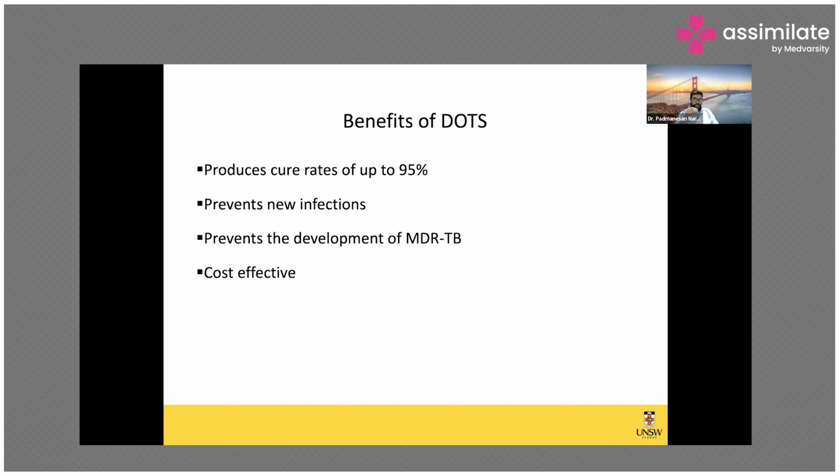So the important point here is we have a program called DOTS, and we give treatment for 6 months. The reason why we give TB treatment for 6 months is that it provides a cure rate of 95%. It prevents new infections. It prevents the development of drug resistance, and it's cost effective. And that's the reason why we give TB treatment through DOTS.